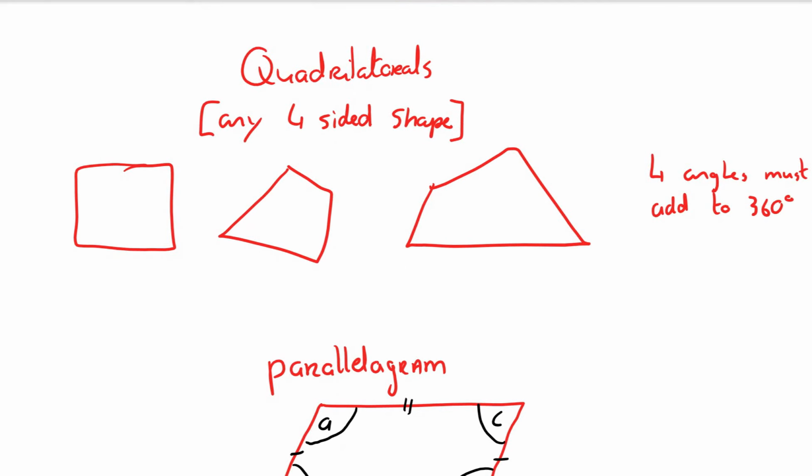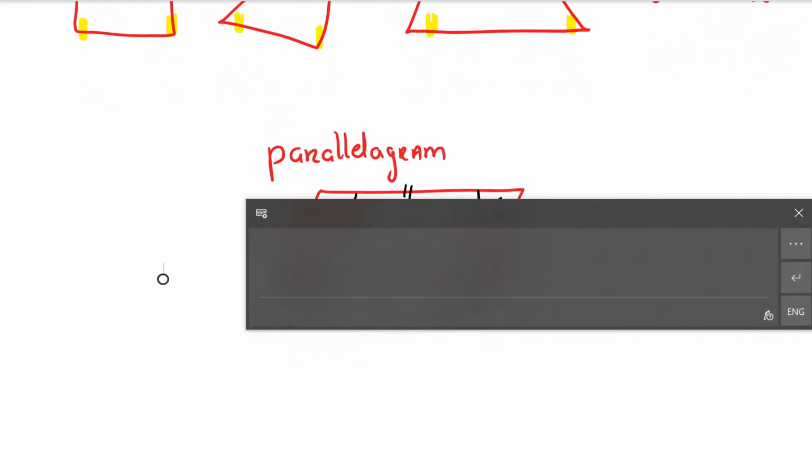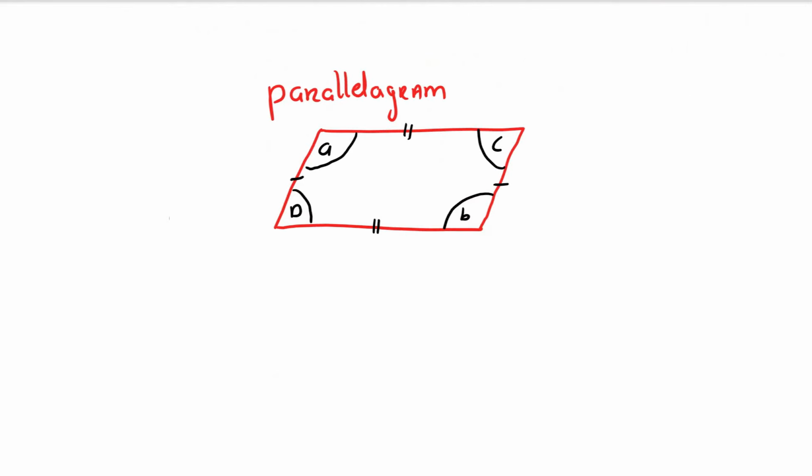We look at quadrilaterals then. Quadrilaterals are any 4-sided shape. And the 4 angles of a quadrilateral, so here, here, here, here, add to 360. Same as here, here, here, here, 360. Lastly then we look at a parallelogram. A parallelogram is a quadrilateral.